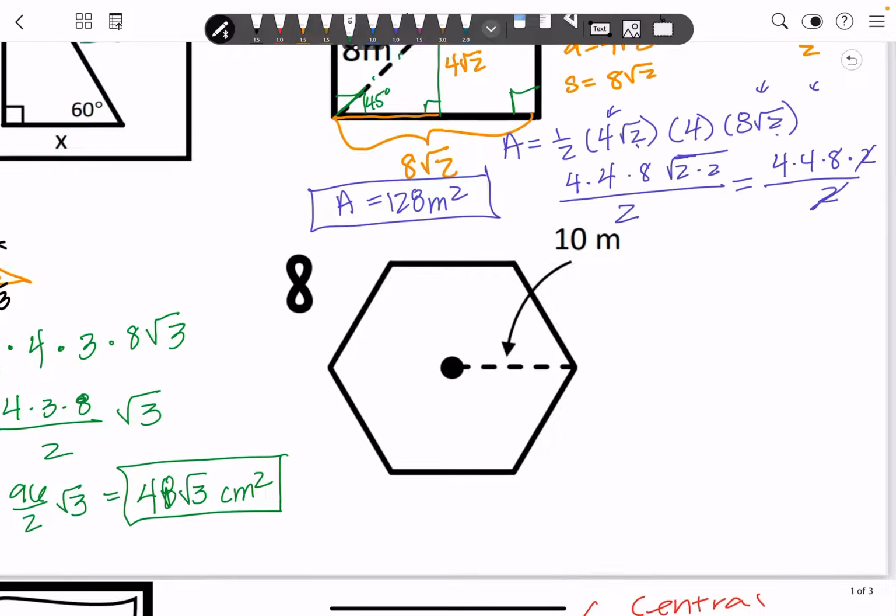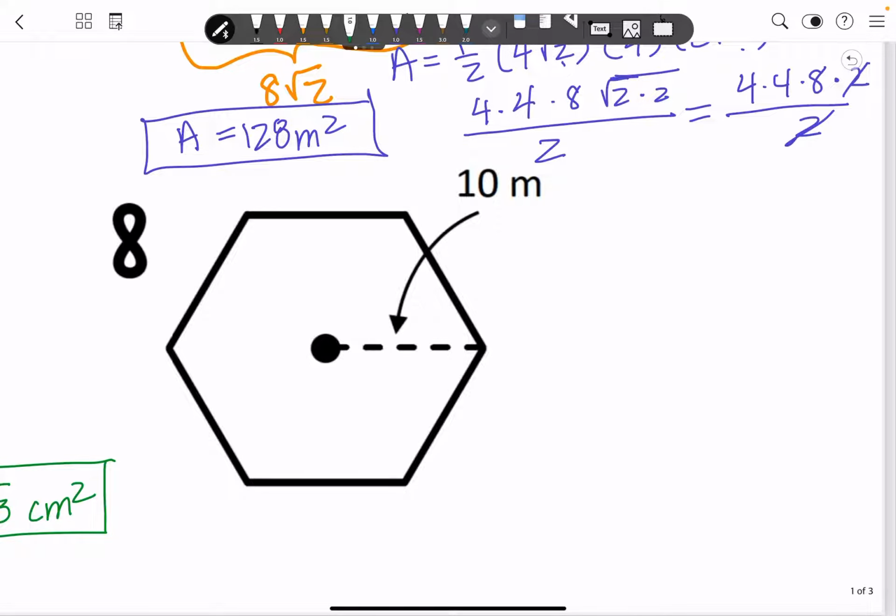All right, so I want you to try number 8. I am going to help you set it up. And I want you to remember that you've got 1, 2, 3, 4, 5, 6 sides. So that means your central angle here is 60. That means each of these are equilateral.